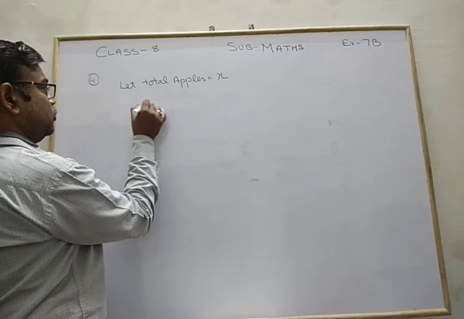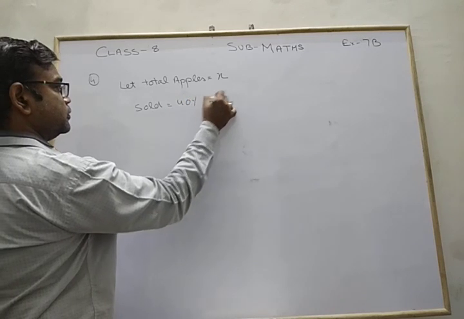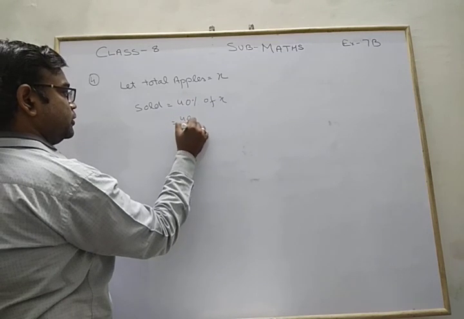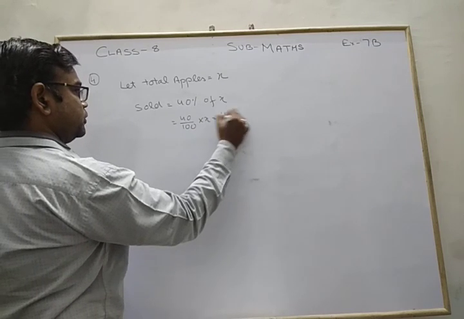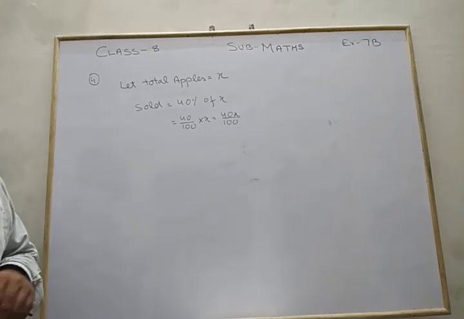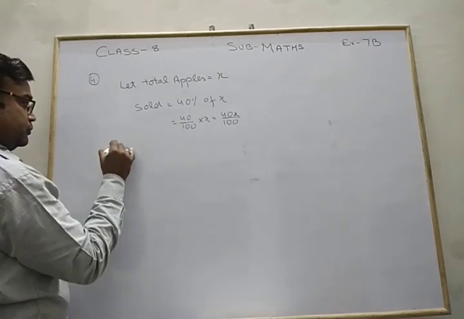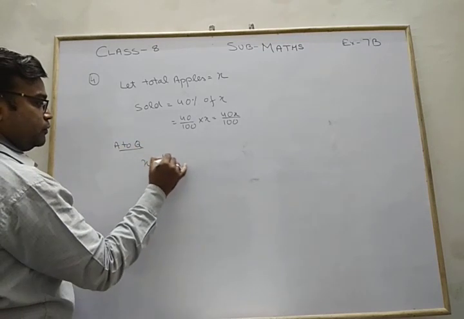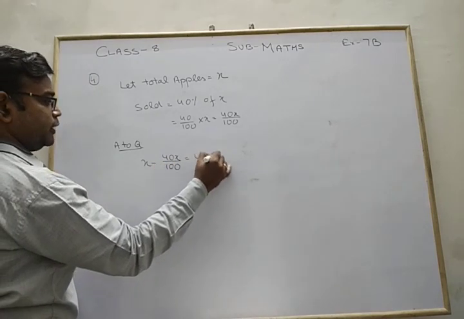He sold how much? 40% of x. So it is 40 upon 100 into x, 40x upon 100, leave it like this. And the rest is 420. Means this minus this equals 420. x minus 40x upon 100 equals 420 apples.